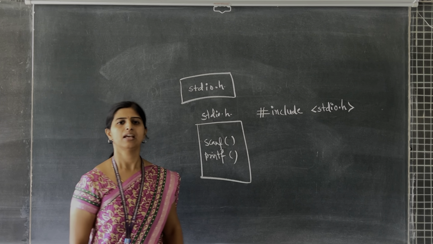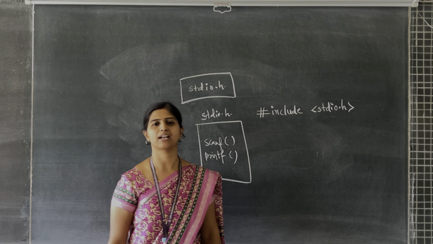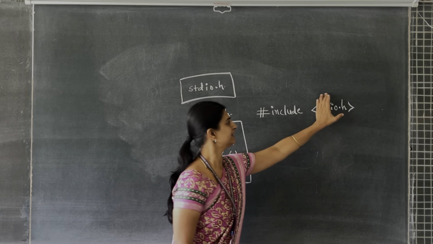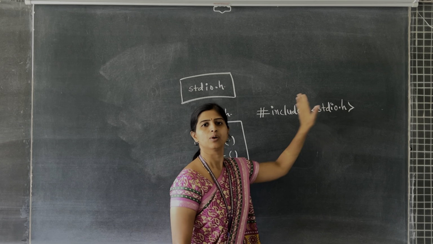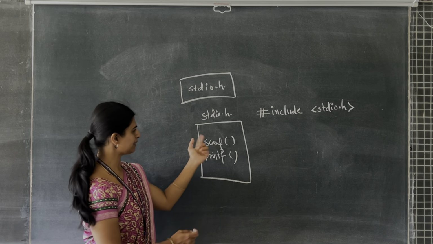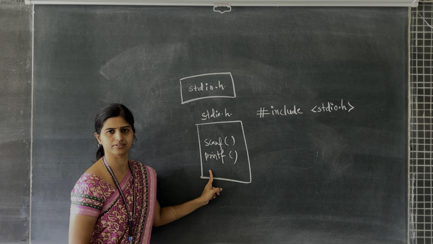This is the way that I write what is called the link section, where I link this particular header file with the code that I am going to write further, so that I can make use of these two functions.